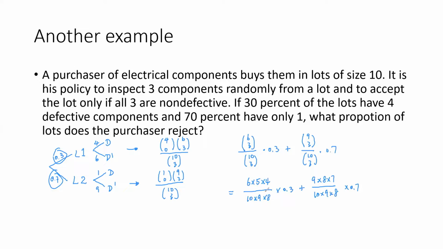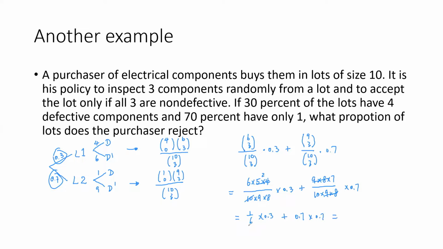Okay, so we calculated. You have 20 over 120, which is 1/6, times 0.3, plus, that's kind of easy, 0.7 times 0.7.